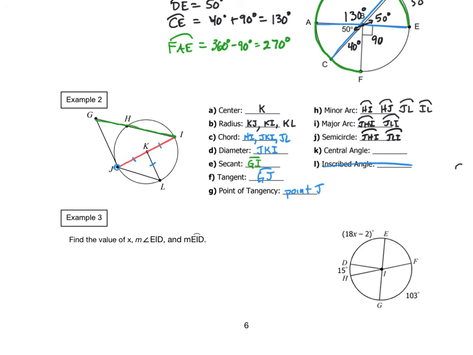Well, if I were to draw a diameter extending out this way, it looks like arc HIL is technically greater than 180 degrees.